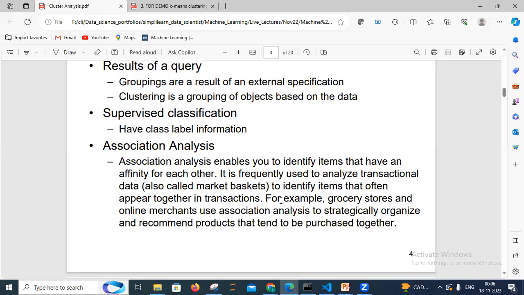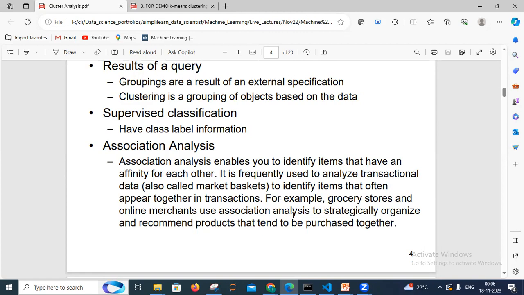We are not going to discuss the association rule techniques elaborately, because that is a different thing, and in this business case we are not treating it as a clustering technique. Grocery stores and online merchants use association analysis like market basket analysis. There is also grouping in customer segmentation, right? But it is not treated as cluster analysis.